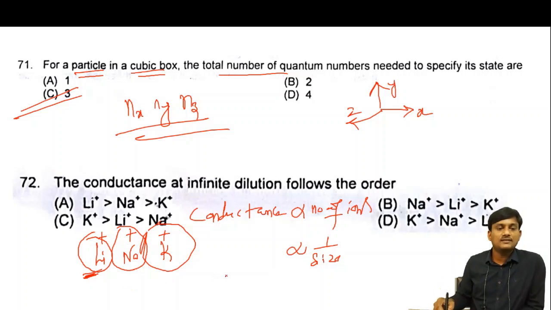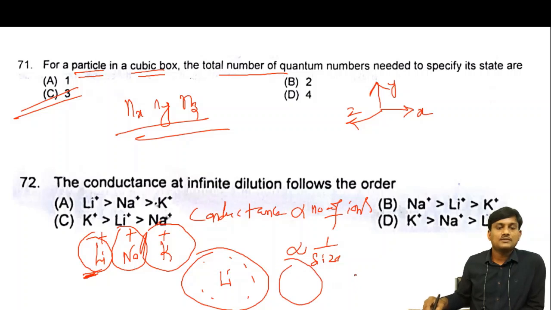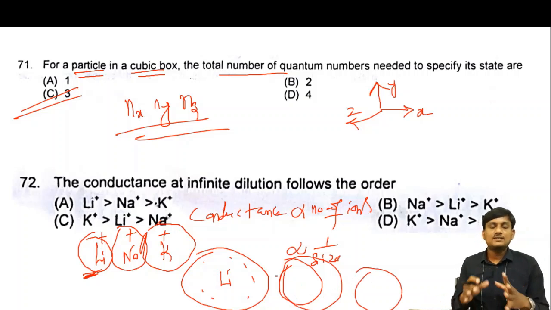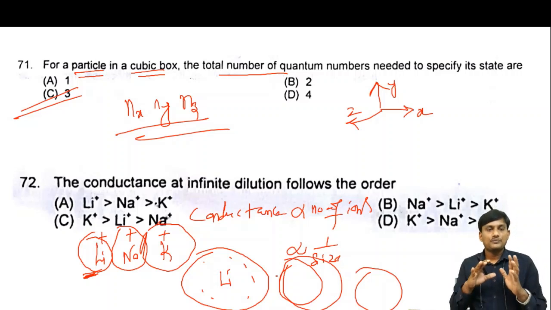After hydration, the size of lithium increases due to hydration with water molecules. Then if you take sodium, this is the size, and potassium, this is the size. You have to consider the size of the ion after hydration.